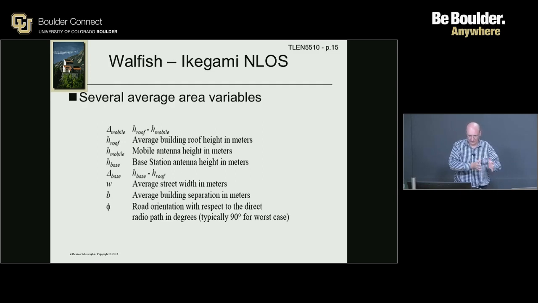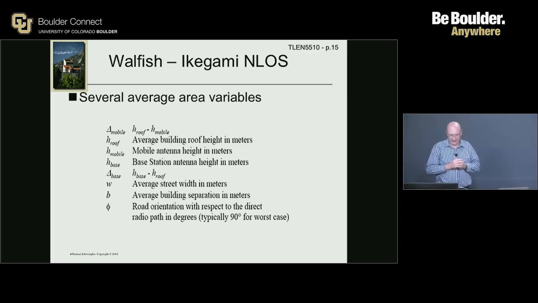An average building separation along those streets, and the orientation with respect to the direct radio path. So all these make sense, right? Because if you're oriented down a road, and the base station is down that street, it's different than if you're at the corner.